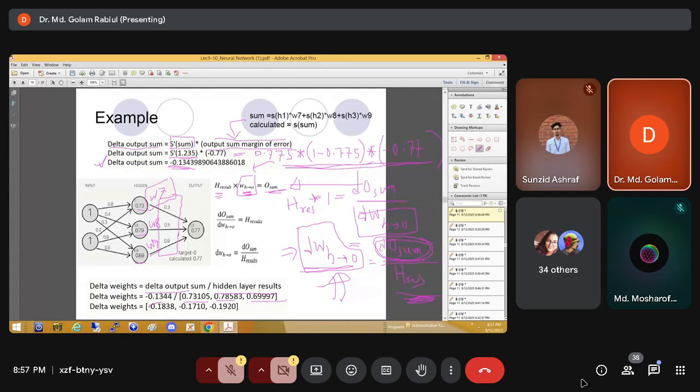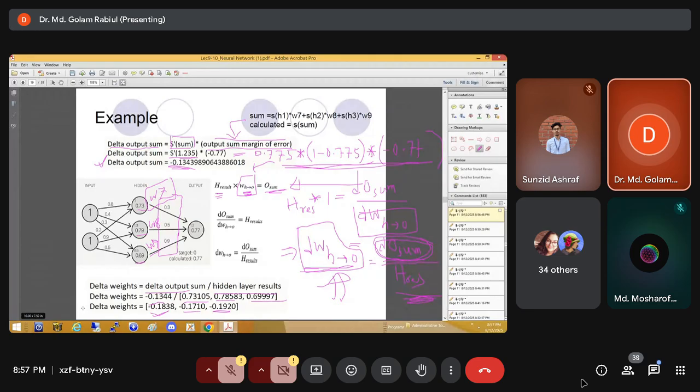That means negative 0.1344 divided by 0.73 gives this value, then negative 0.1344 divided by 0.78583 gives this value, and then divided by 0.699997 gives negative 0.1920.